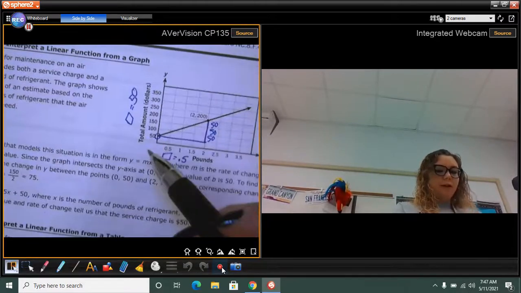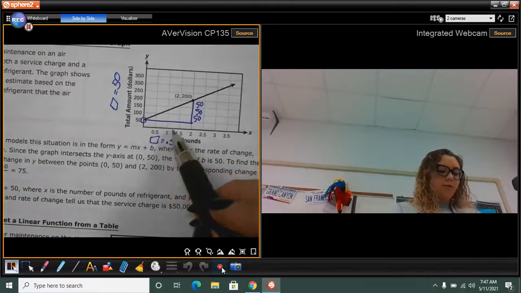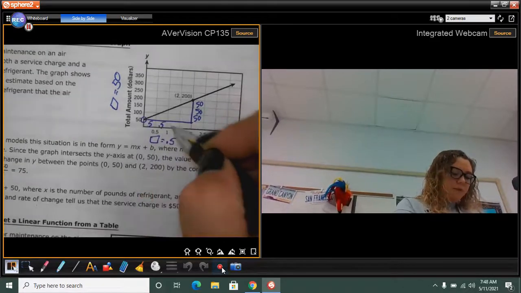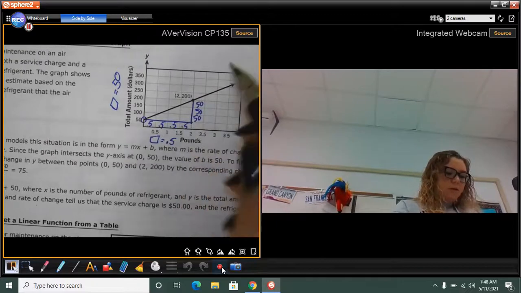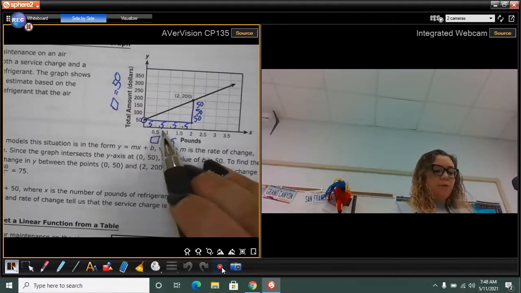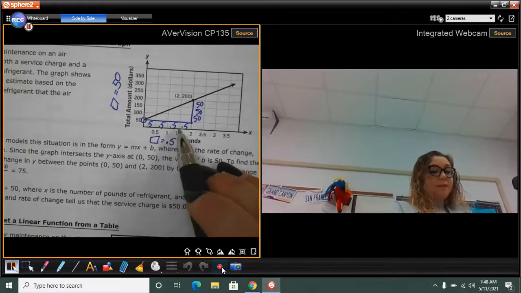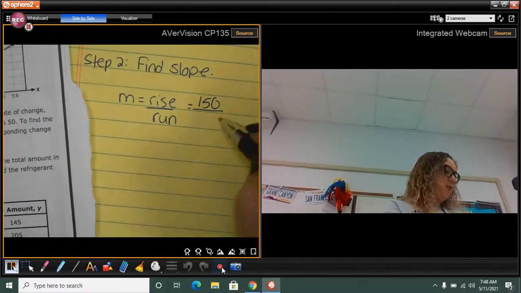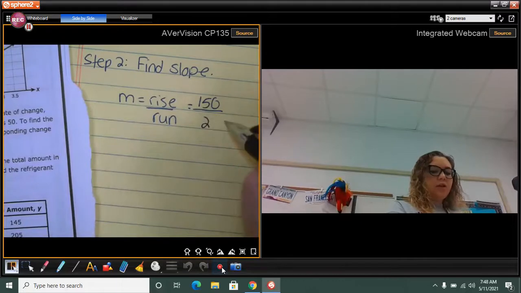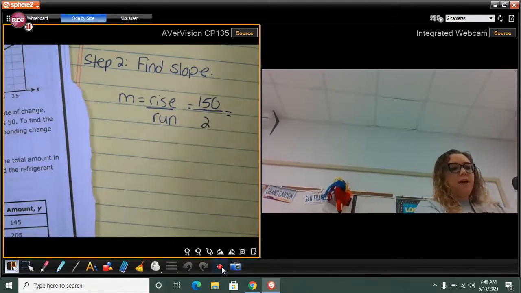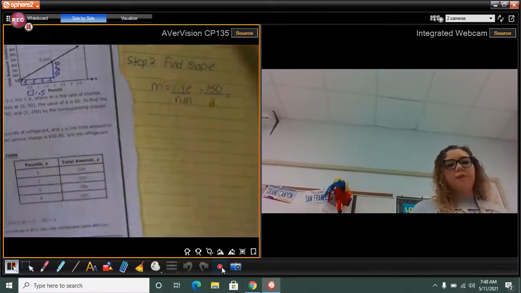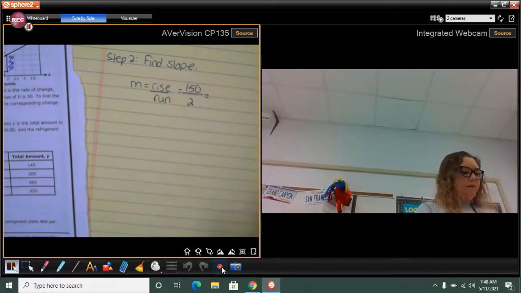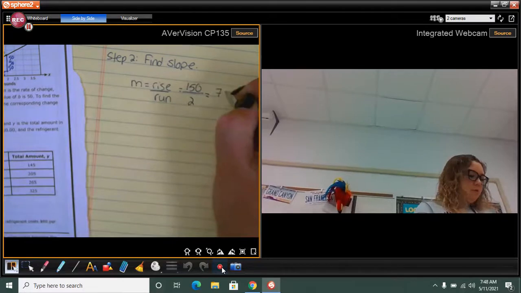Now how many am I running? I have 1, 2, 3, 4 blocks that are running, but each one represents 0.5. So 0.5 plus 0.5 is 1, plus 0.5 is 1.5, plus another 0.5, which is 2. So it's 150 over 2, and you always want to simplify that. 150 divided by 2 is 75.